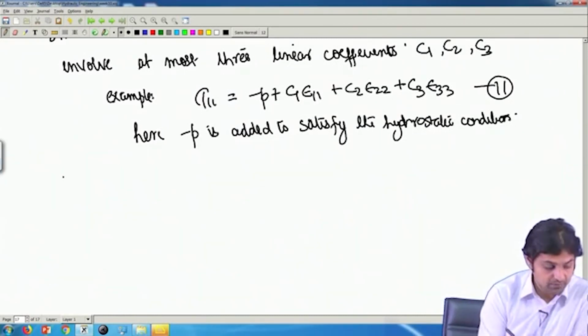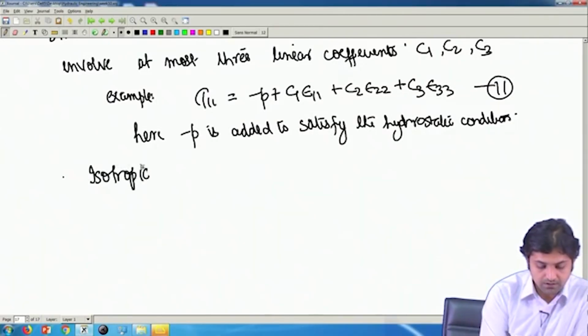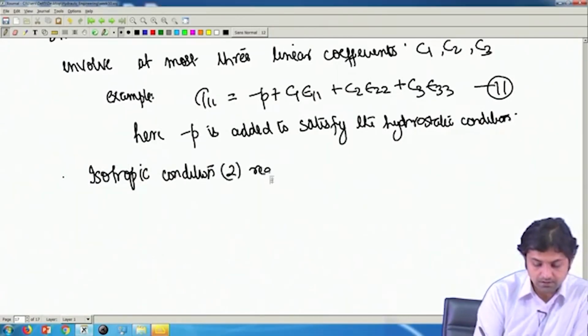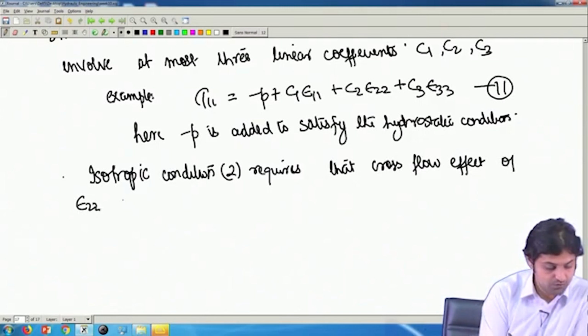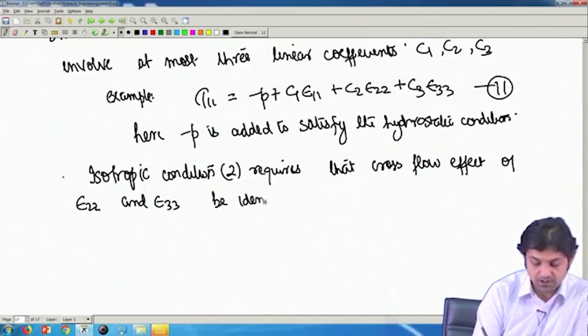Now the second postulate about the isotropic condition. Isotropic condition requires that the cross flow effect of epsilon 22 and epsilon 33 be identical, which implies C2 is equal to C3.